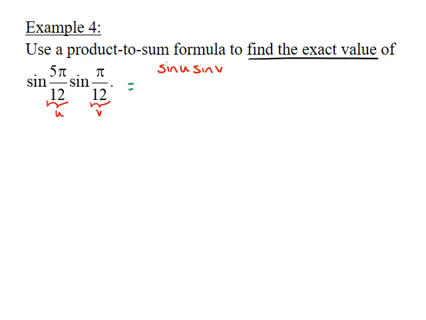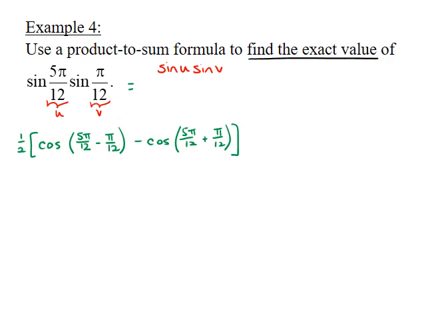So this will equal 1/2 of the following, cosine of u minus v, so 5 pi over 12 minus pi over 12, minus cosine of u plus v, 5 pi over 12 plus pi over 12.